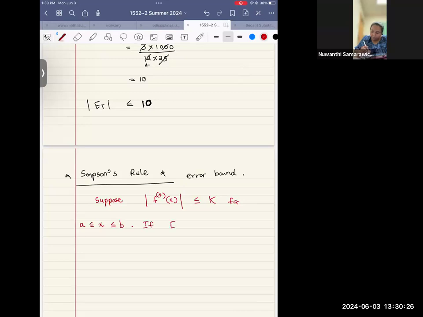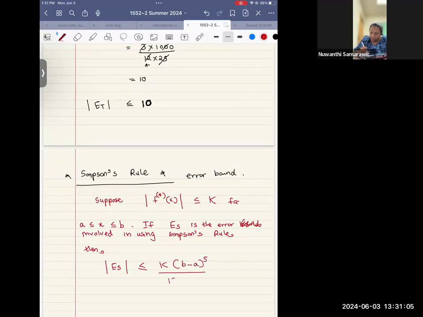If ES is the error involved in using Simpson's rule, then your error bound is K (b minus a) to the power 5 over 180 n to the power 4.